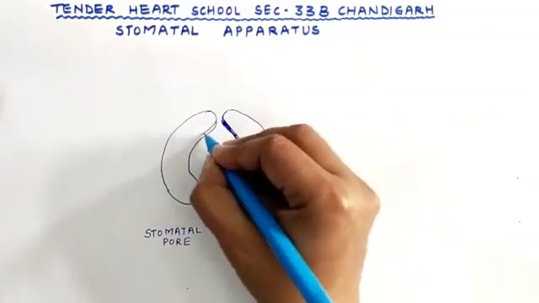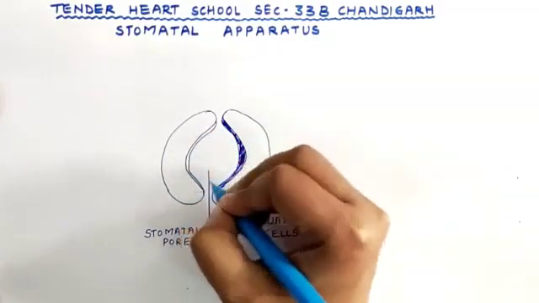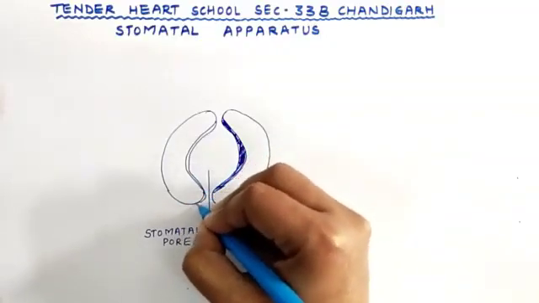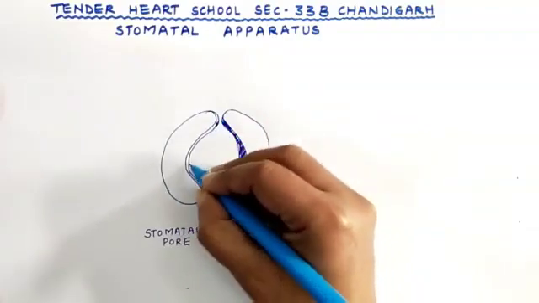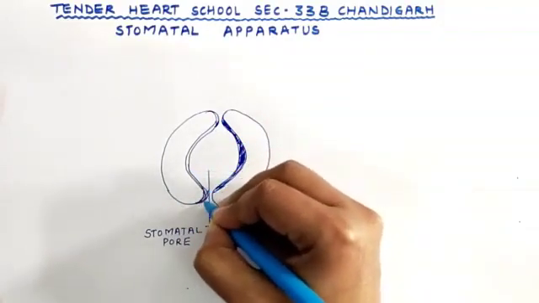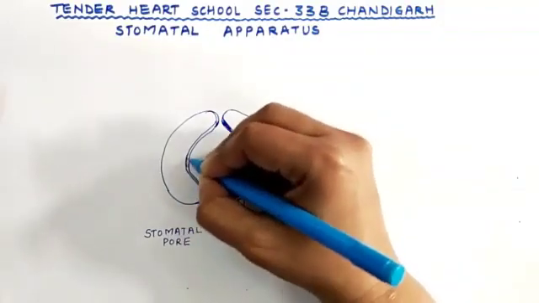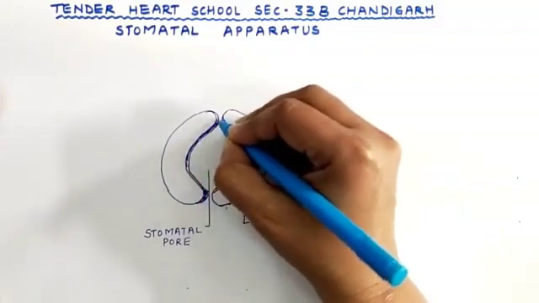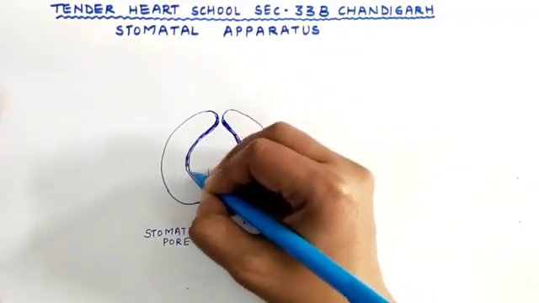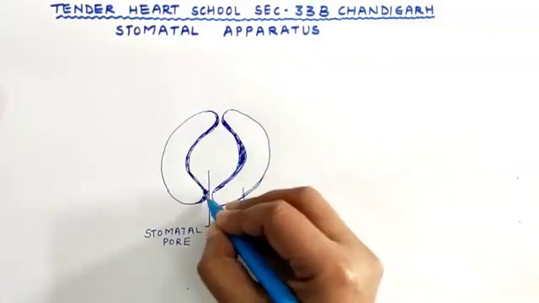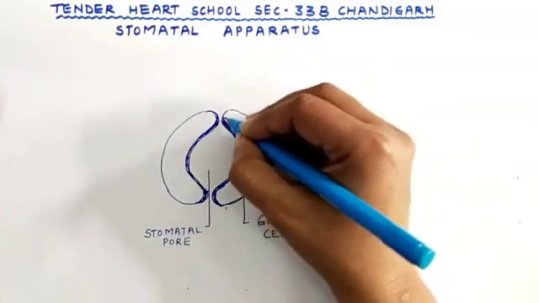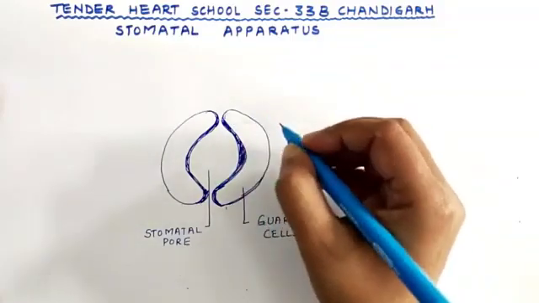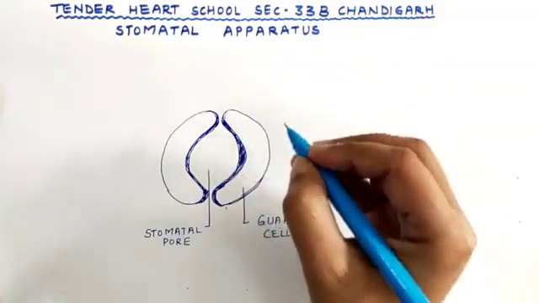Similarly, in the other guard cell, the inner wall is much thicker, right? And the outer wall is thin. So this is the inner wall, this is the outer wall.